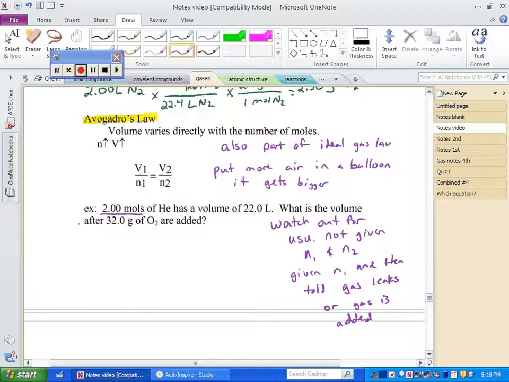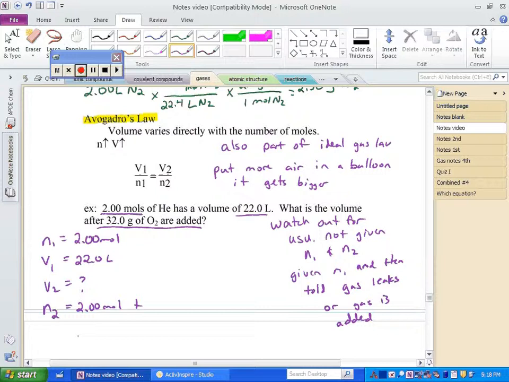2 moles, so there's N1. Has a volume of 22.0 liters. So there's V1. What is the volume? So V2 is the unknown. After 32.0 grams of oxygen are added. So that means N2 is 2 moles plus something.